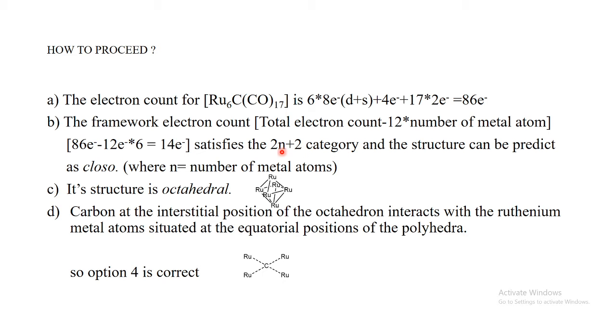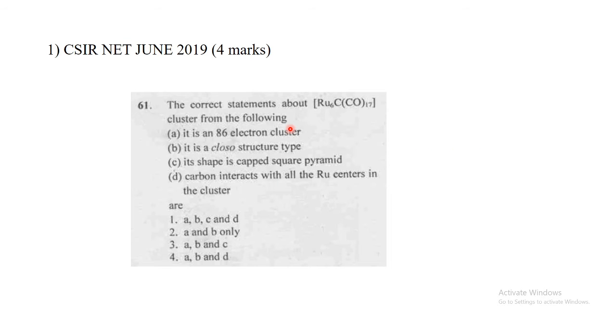So since the metal cluster satisfies the 2n plus 2 category, the structure can be predicted as closo. If we have 2n plus 4, it will be nido, and if we have 2n plus 6, it will be arachno, and so on and so forth. So the second statement is also correct.